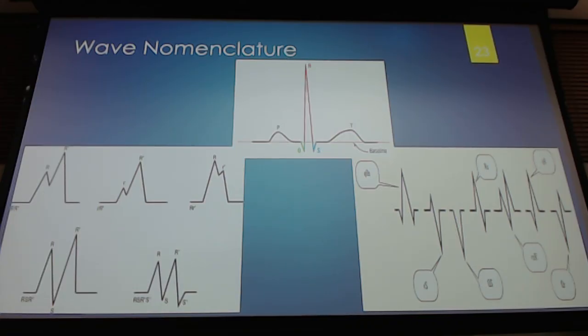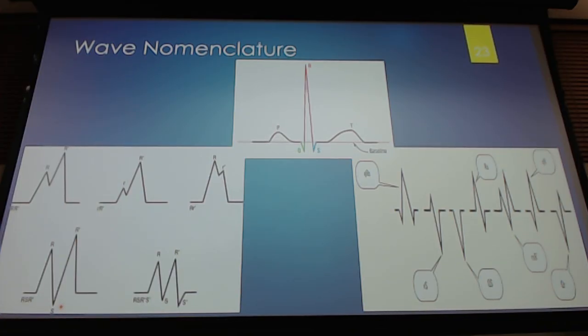What is the difference between this bottom one here and this top one here? It goes below the baseline. And once it goes below the baseline, that's no longer just an RR prime. Now it's an RS, and if you come back up above that baseline, that's another R, so that's your R prime. So it'd be RS R prime.